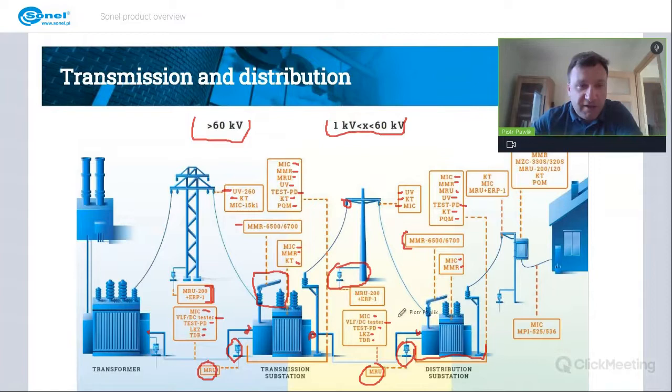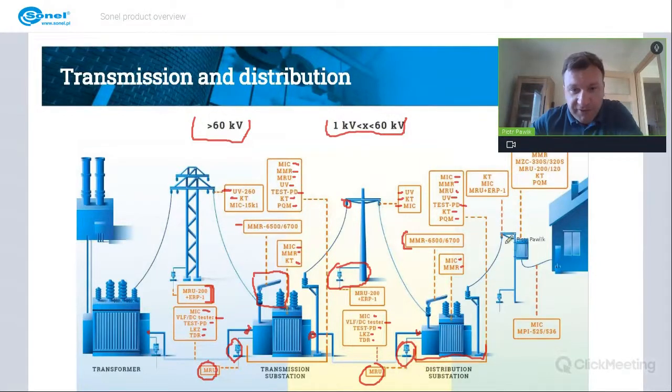So basically the transmission lines, regardless if it's high or medium voltage, we can check with same meters. Also the cables, high voltage and medium voltage cables, we can check with the same meters, as well as we can use same meters for checking the transmission substation or distribution substation.